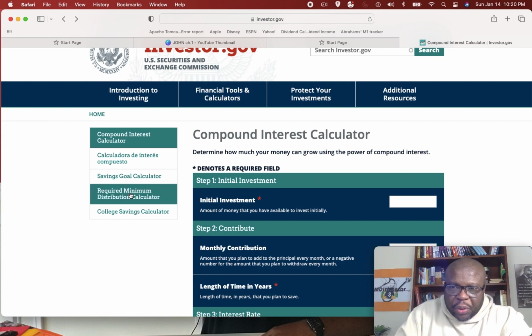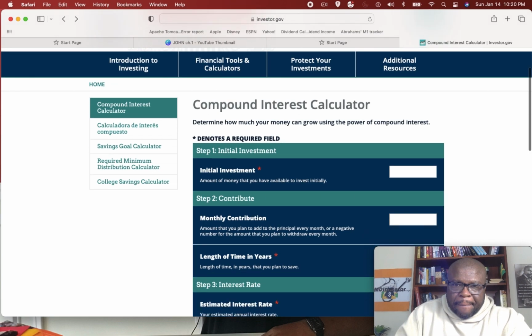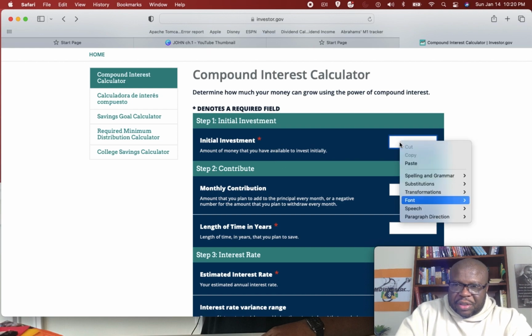So let's look here at initial investment. That's the amount of money that you have available to invest initially. Let's say initially we have zero, so conservatively, we have zero.